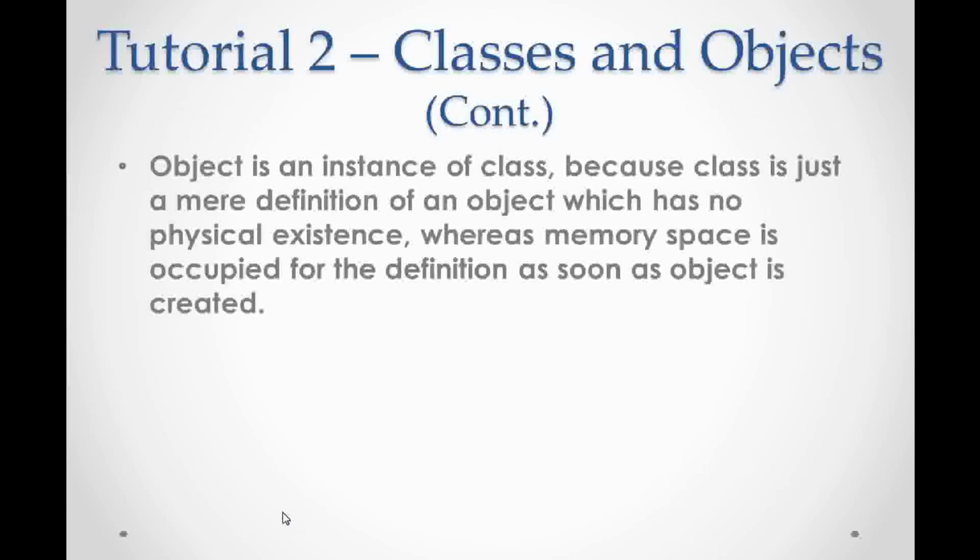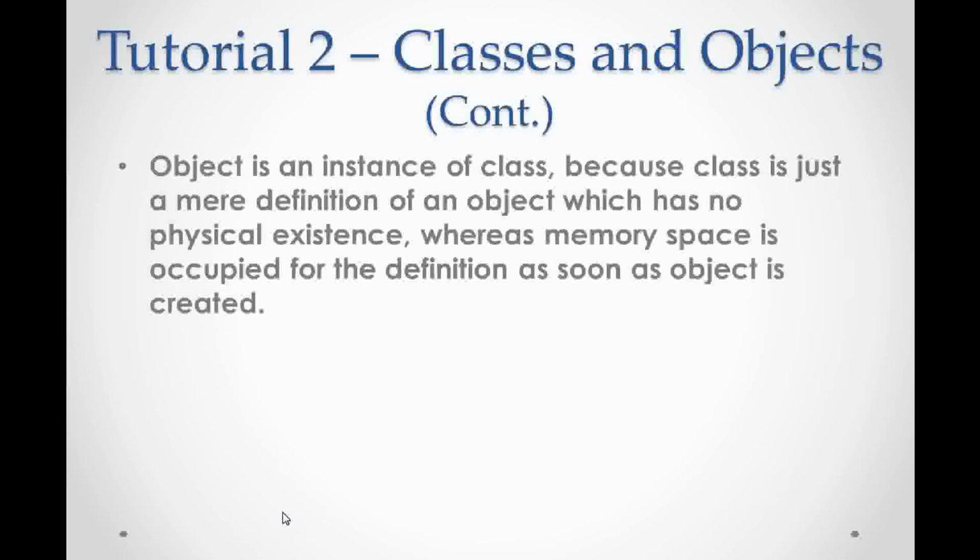Now, an object is an instance of a class. Why is it said so? Because a class is just a mere definition. A class is just a simple definition of an object which has no physical existence on its own. Whereas memory space is occupied for the definition as soon as an object is created. So if you have created different data members inside a class, no space in memory is taken for those data members.